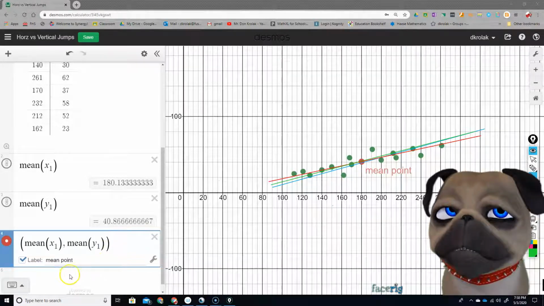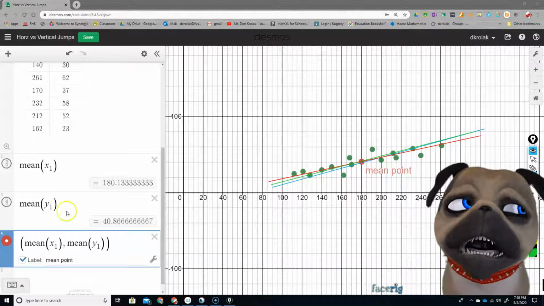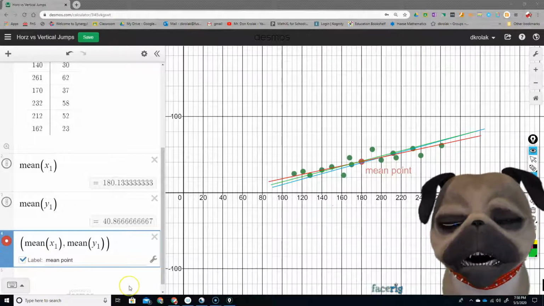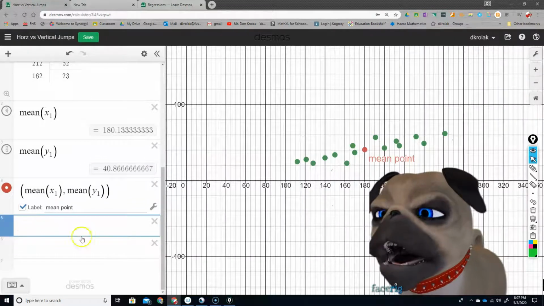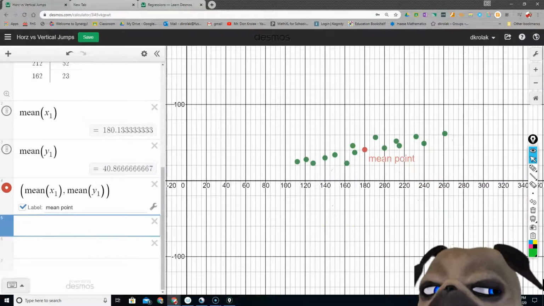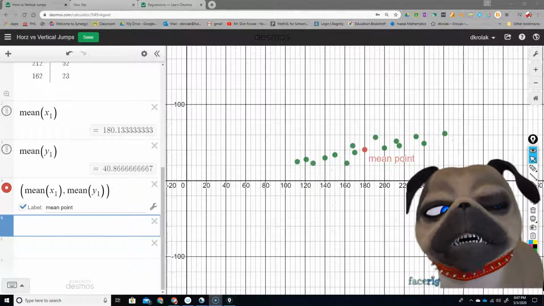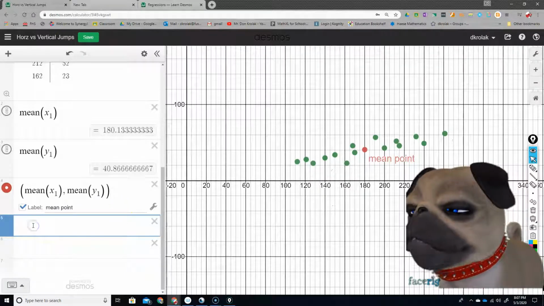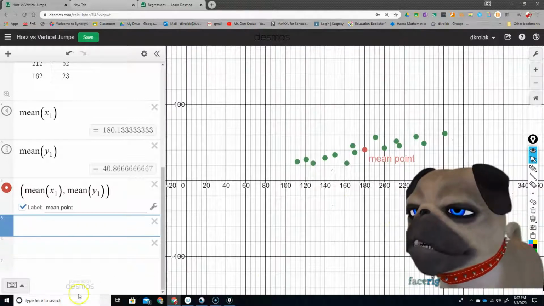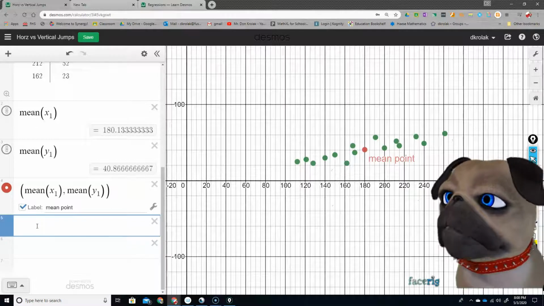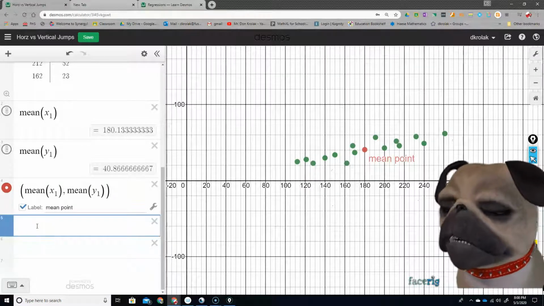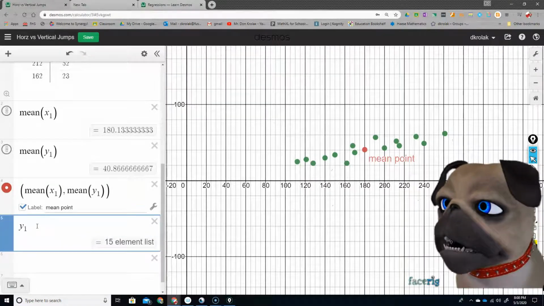All right, but we can also have the calculator or Desmos do it. So to put in our formula to calculate the line of best fit, the linear regression line, we're going to type in y1. So we go y and then just 1.